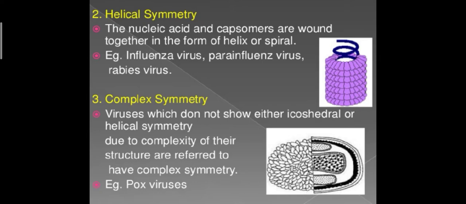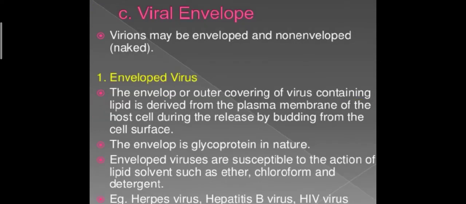If you see the complex symmetry, the virus which does not show either icosahedral or helical symmetry is in complex form. It makes some complex symmetry, for example, pox virus. So depending upon these viral symmetries, the virus structure may be observed. Okay, so that is about the viral symmetry.